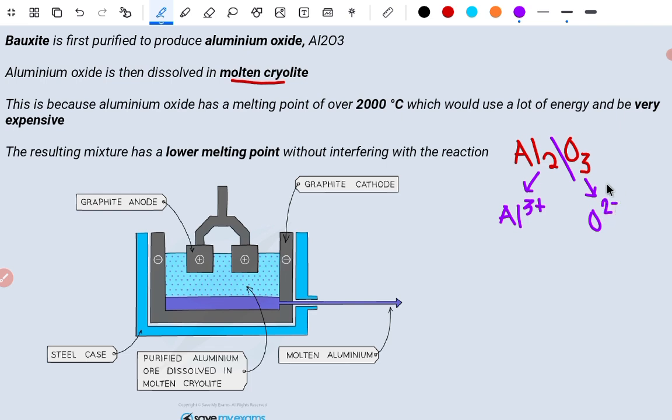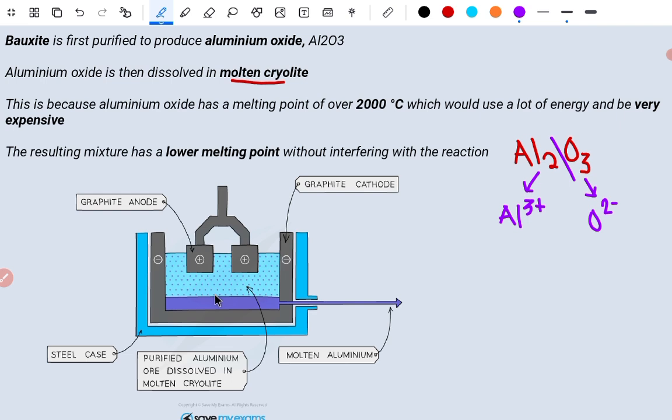Metals always form positively charged ions, while non-metals carry negative charges. So these are already in molten state, and they separate, forming these ions while in this same state.